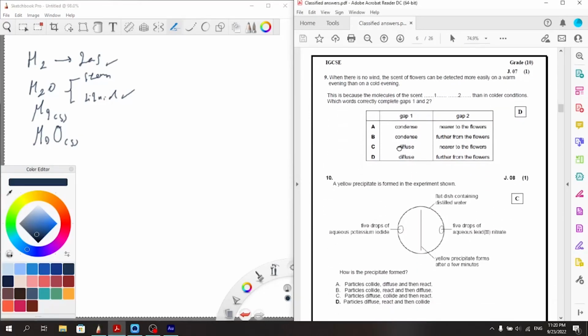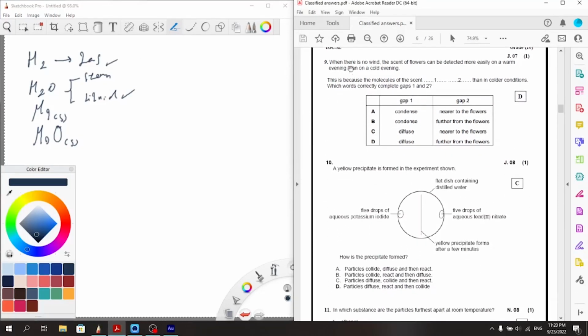Question number 9. When there is no wind, the scent of flowers can be detected more easily on a warm evening than on a cold evening. This is because the molecules of the scent, gap 1, and gap 2, than in colder conditions. Which words correctly complete gaps 1 and 2? For gap 1, do the molecules of the scent condense?